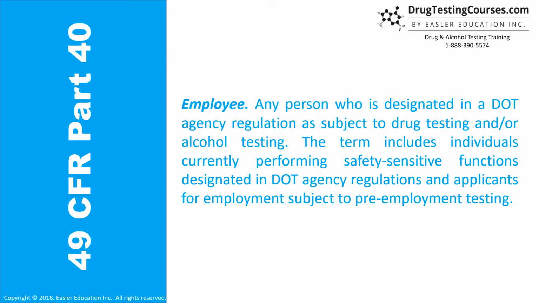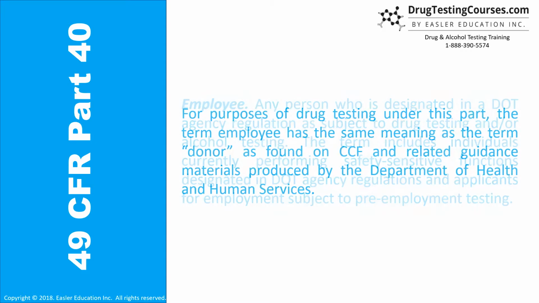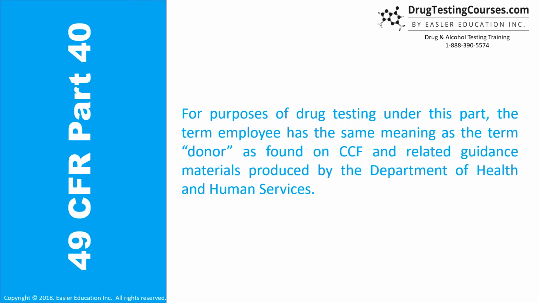The term includes individuals currently performing safety-sensitive functions designated in DOT agency regulations and applicants for employment subject to pre-employment testing. For the purposes of drug testing under this part, the term employee has the same meaning as the term donor, as found on CCF and related guidance materials produced by the Department of Health and Human Services.